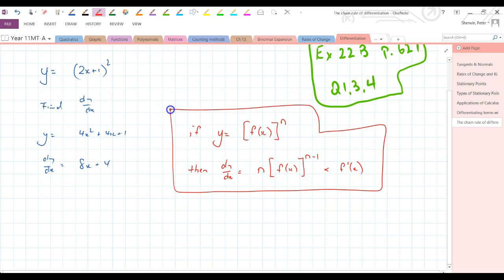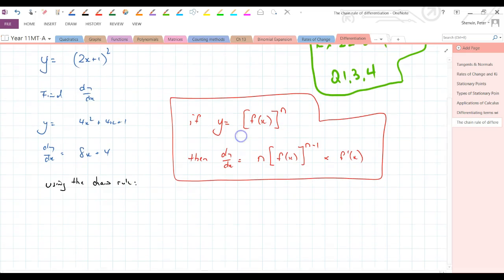Let's see this applied now to this question. So let's now use the chain rule on that. For this function here, we would go dy/dx equals, I'd bring the 2 down the front, 2x plus 1, what do I do to this?